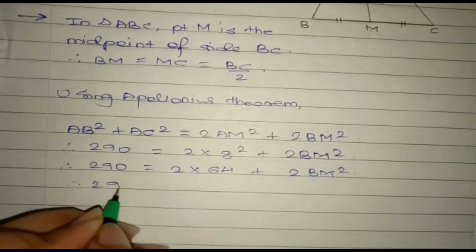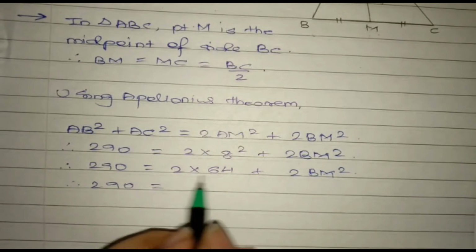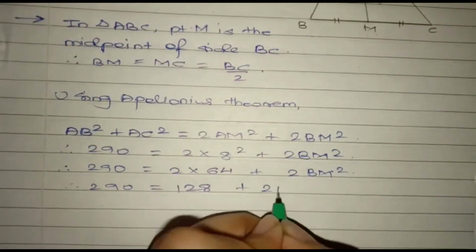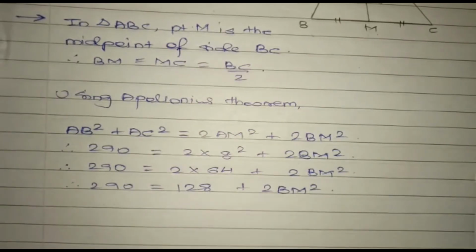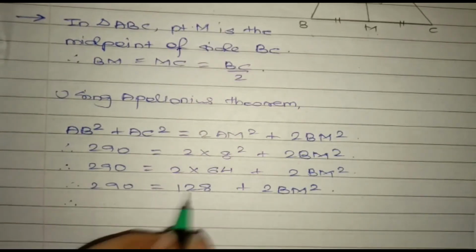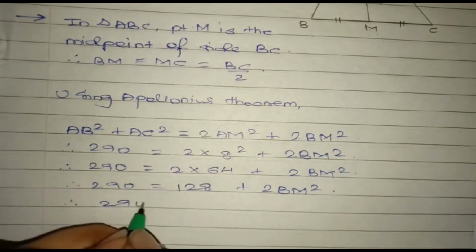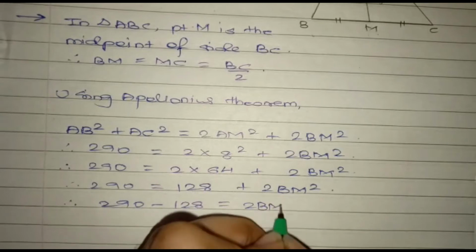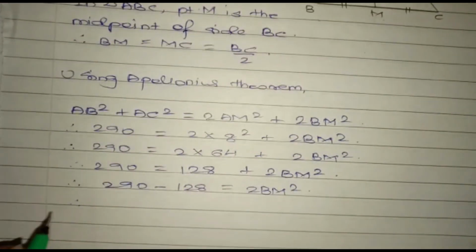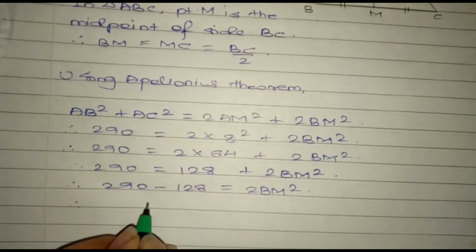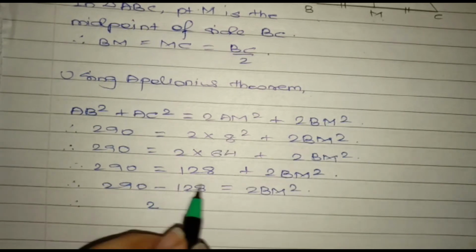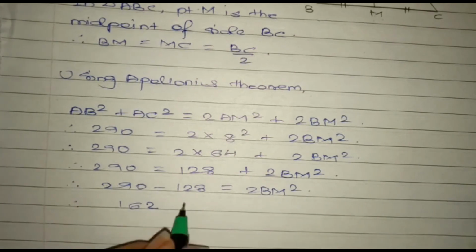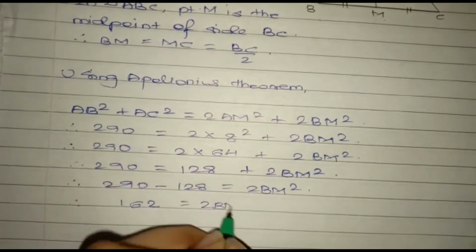Therefore 290 is equal to, 2 into 64 is 128, plus 2 BM square. Therefore we will take this 128 on this side. 290 minus 128 is equal to 2 BM square. Therefore 162 is equal to 2 BM square.